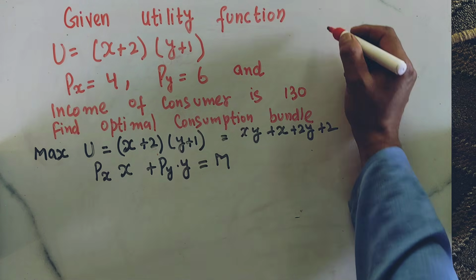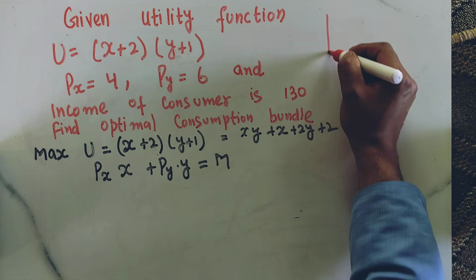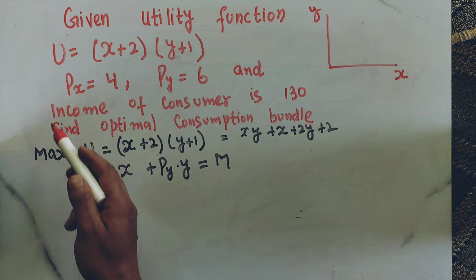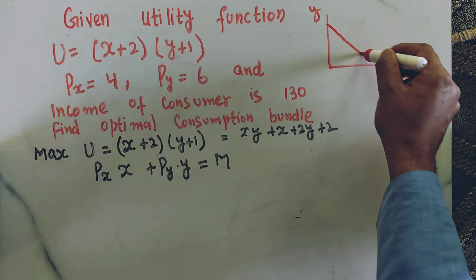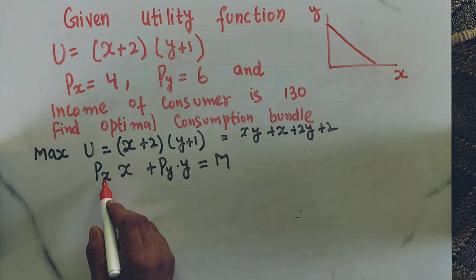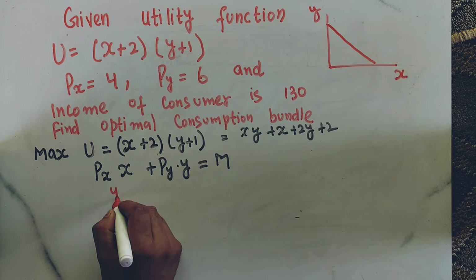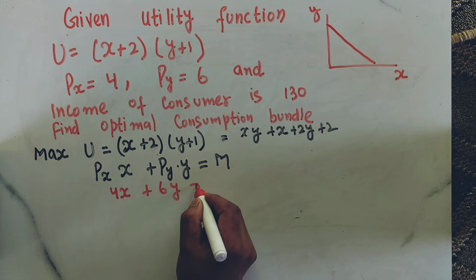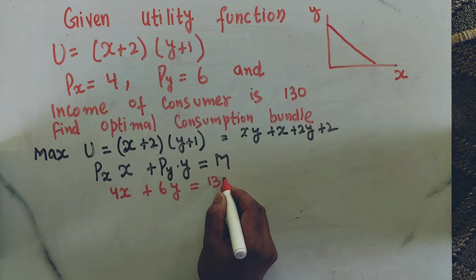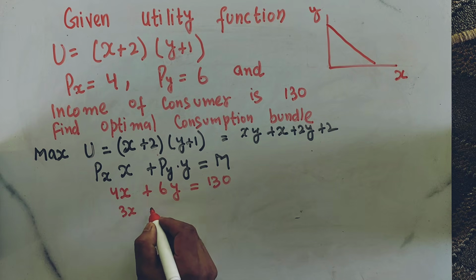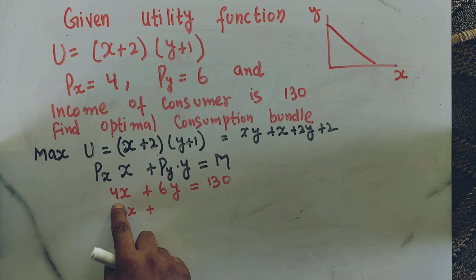Graphically, what exactly is meant by this? We have good x on the horizontal axis and good y on the vertical axis, with the given budget set. The price of x is 4, so we have 4 times x plus the price of y is 6, so 6 times y should be equal to 130.